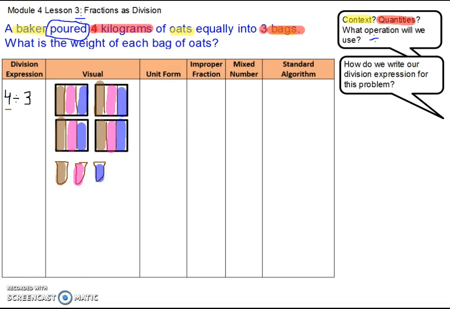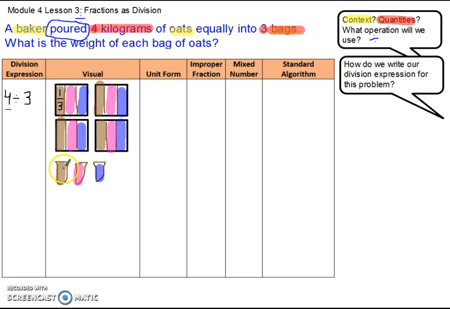Now that we have shown how many are in each bag and we've divided them equally, we want to ask ourselves, what is the size of each part? In fractions, we know that our denominator is how many parts in each whole, and in each whole there are 3 parts. And one of those parts would be 1/3.